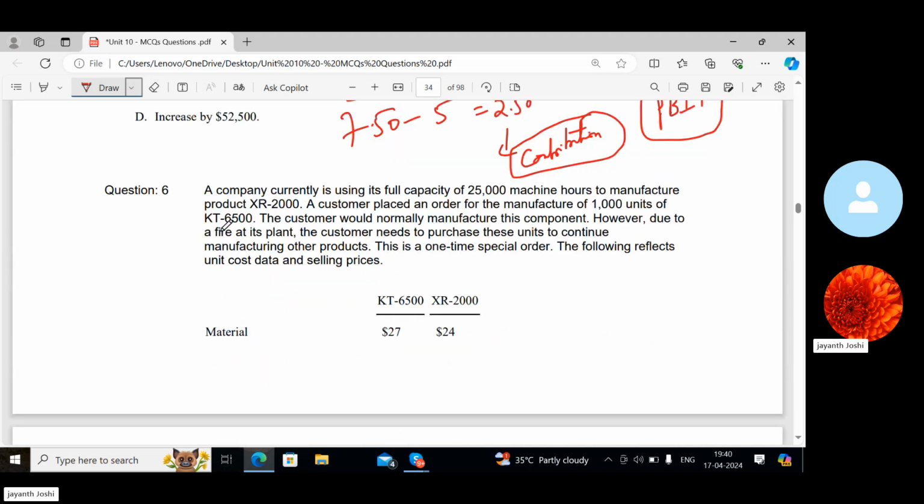A company currently is using its full capacity of 25,000 machine hours to manufacture product XR2000.